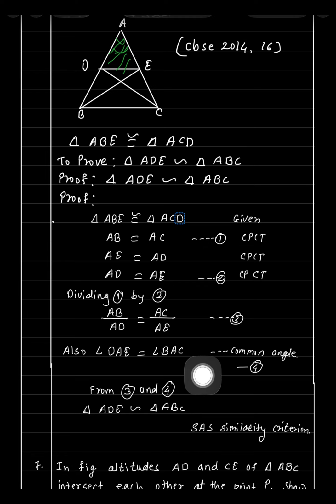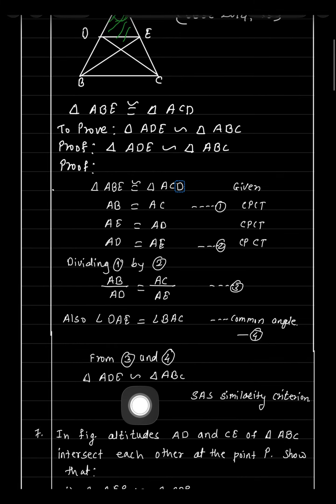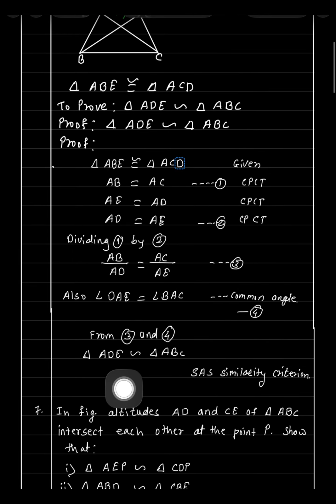We see that by SAS: two sides we got from 1 and 2. AB equal to AC and AE equal to AD, we are writing AD equal to AE, that is the second; two sides of two triangles, and then the angle in between them, by SAS similarity criteria. These two triangles are similar.